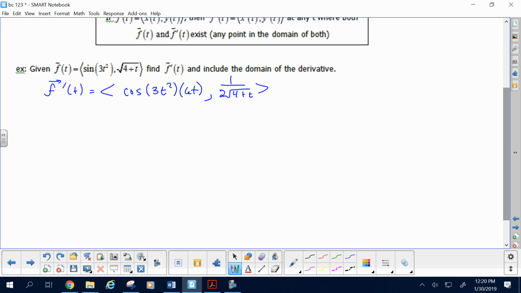Okay, now they did say include the domain of the derivative. So we need to include a domain restriction. What is the domain? The time is equal to or greater than -4. Whether we would even have positive values kind of depends on the problem, but we'll include it. Time must be greater than or equal to -4.